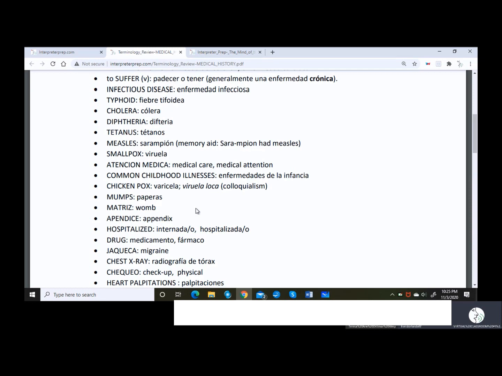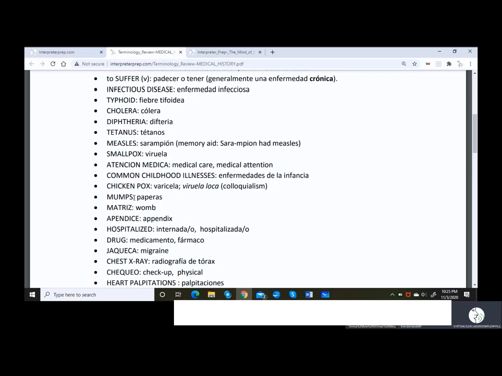The medical term is herpes zoster. But eso lo van a entender todavía menos. So I'll just say the word in English and say culebrilla, and if they don't understand, there's nothing I can really do. I don't really have a better word for it. Right. Well, that helps, though.